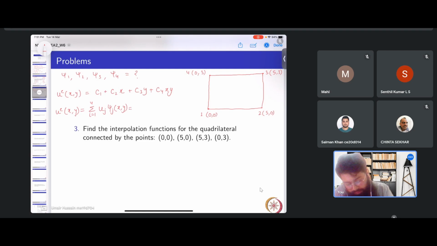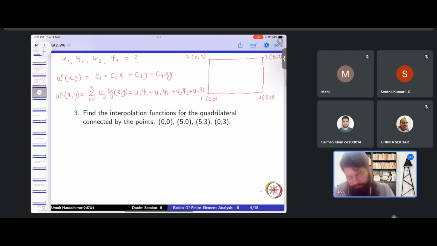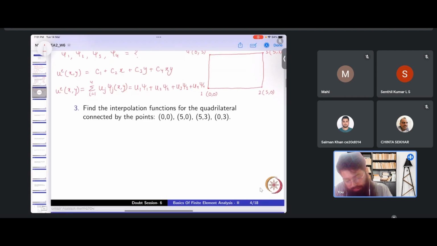Which can be written as u1 psi 1 plus u2 psi 2 plus u3 psi 3 plus u4 psi 4. Okay, so to get the equation, we substitute these values for each node point.